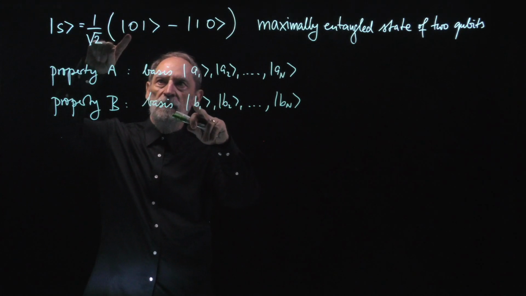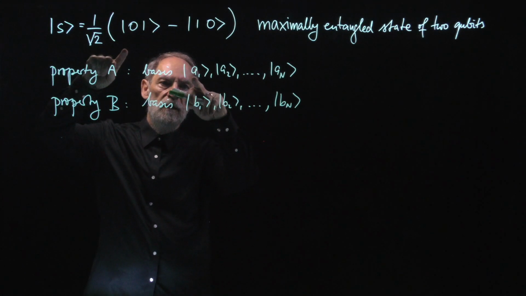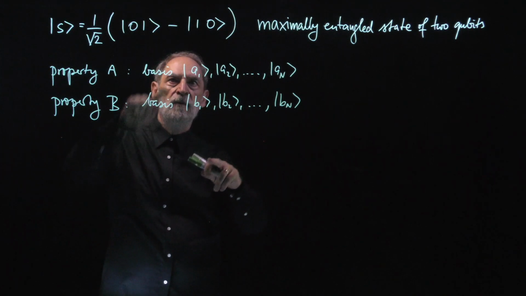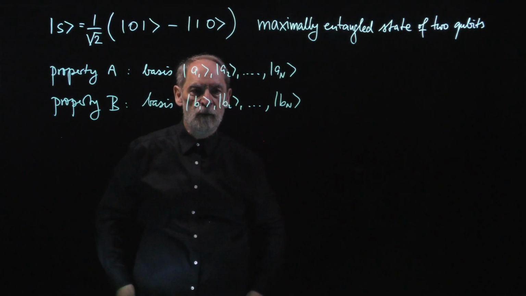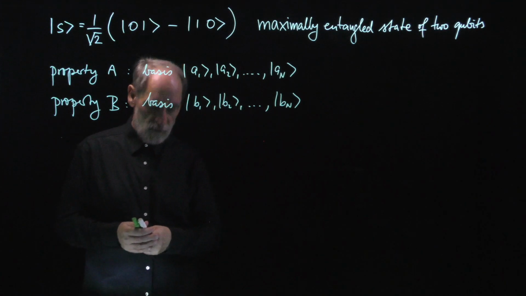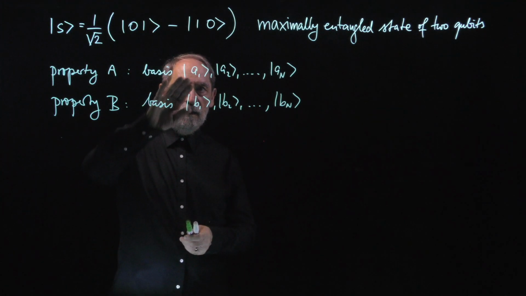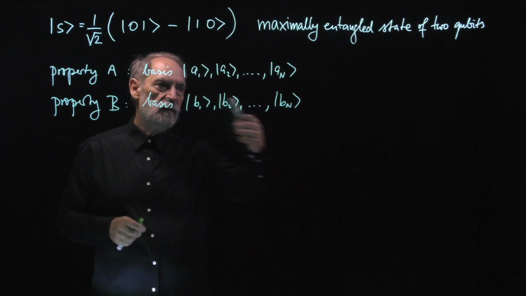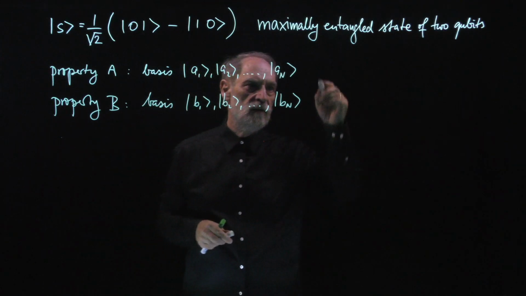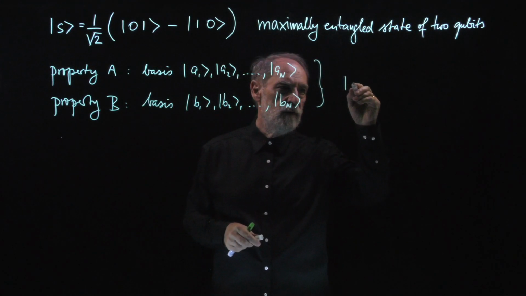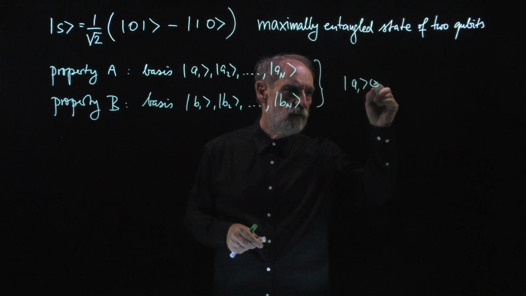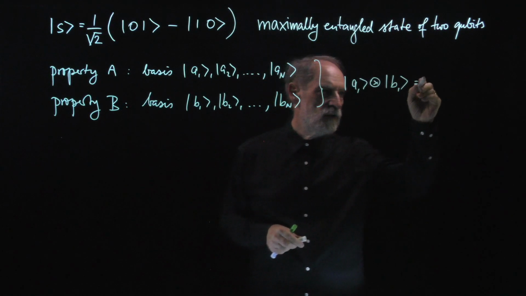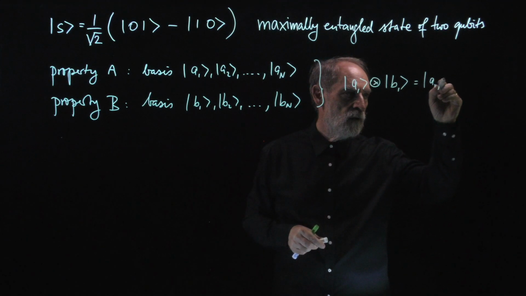So the 0-1 here would be an A1 and a B1, and the 1-0 here would be an A2 and a B2, and the minus sign we can incorporate in how we define the ket B2, if that's what we want to do. Now, just like the kets here are made up from tensor products, I can also make up kets here from tensor products. So I can make up kets where I have one of the A's, and then I have the tensor product with one of the B's, say A1 and B1, and we will just label this as A1, B1.